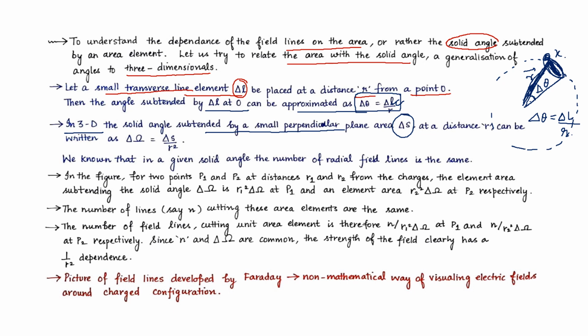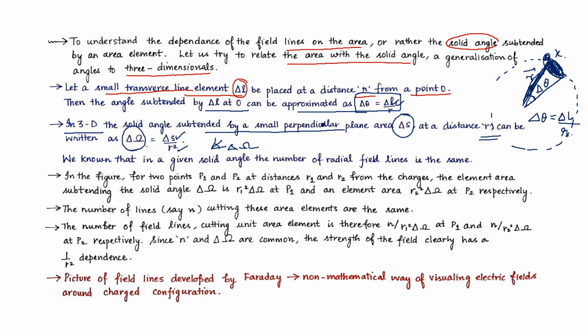Now the other concept we are taking is this whole conical circular area, at the same distance R, and it can be written as our three-dimensional angle del omega. Del omega equals area upon R square, because here we will be working with two R's, one from one dimension and the other from the other dimension.